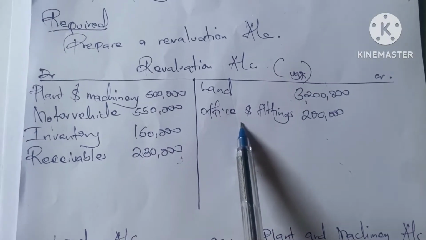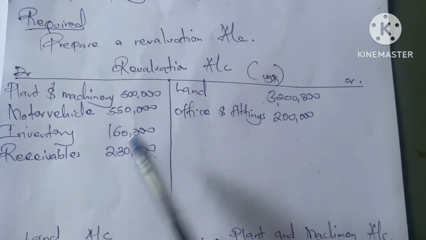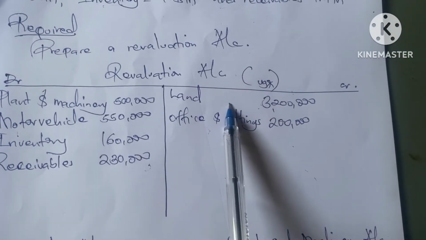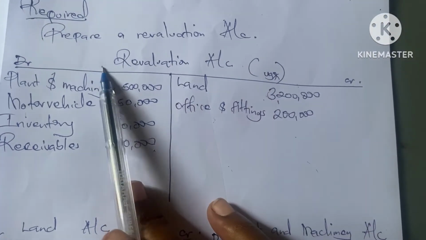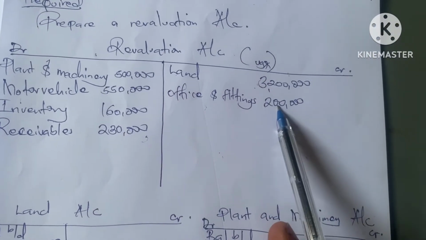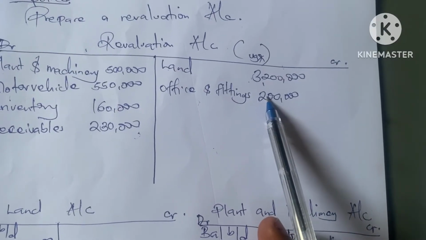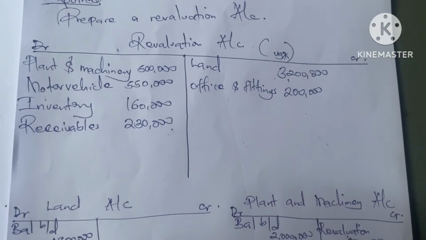So what is next is to balance the debit side and the credit side. If the credit is greater, it is a profit. If the debit is greater, it is a loss. So this plus this, it is 3.4. So let's add this side.